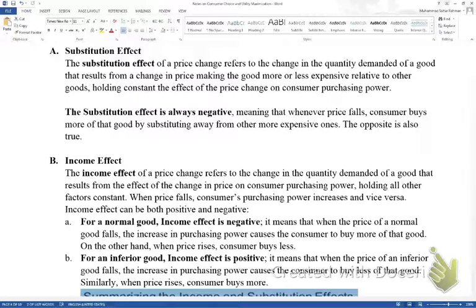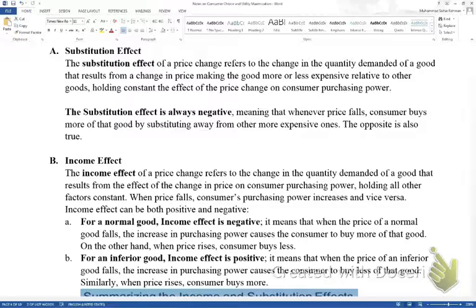So when the price of a good goes down, it increases the purchasing power. It means that it increases how much you can buy from the market. The opposite is also true. If the price of a good goes up, the purchasing power of the consumer goes down, meaning that he now can afford to buy less of everything.